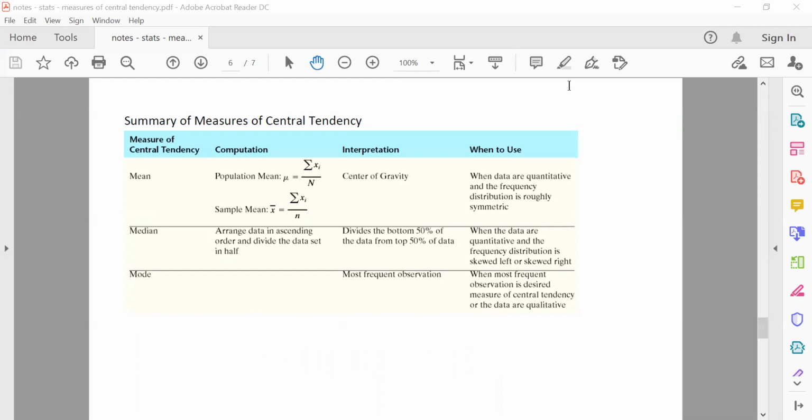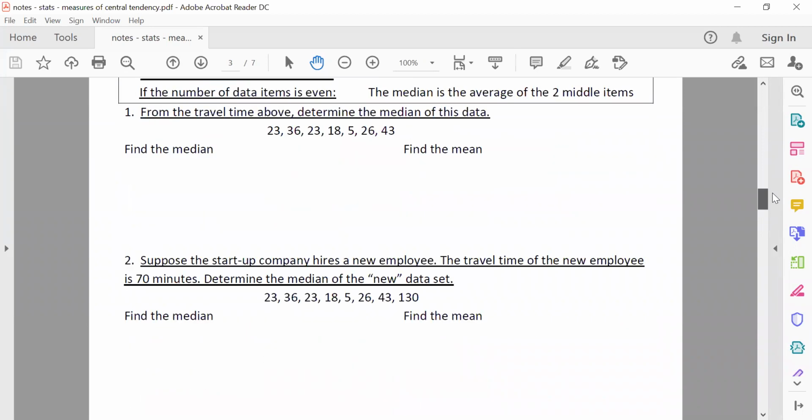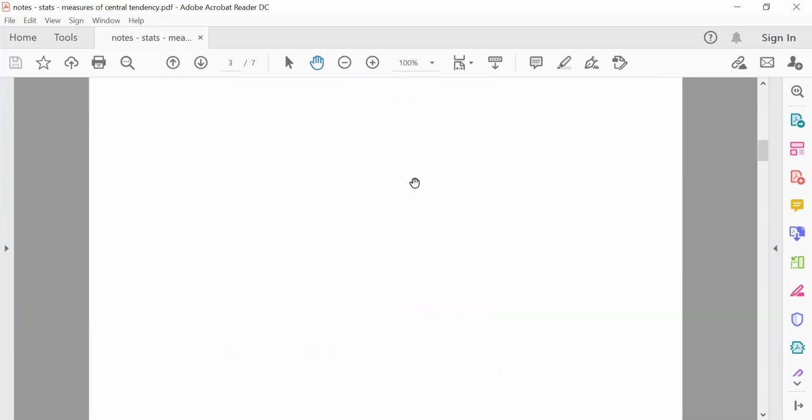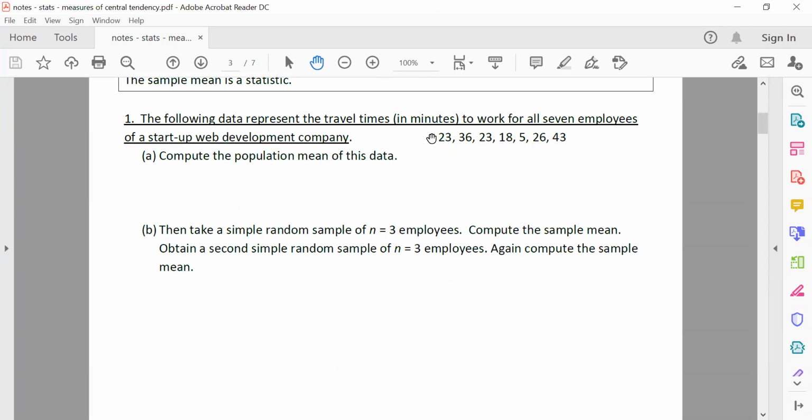In fact, we can do a quick example of mid-range. Let's use the data for the 7 employees at the company. We'll say we're doing the mid-range. It's very straightforward. You take the smallest, not the first and last number, because that's arbitrary.